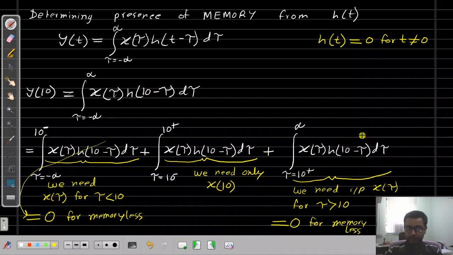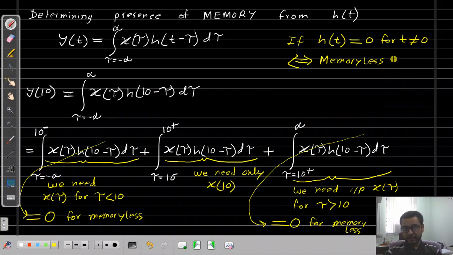Therefore this integration will also result in 0 if h of t is 0 for non-zero time value. So this is the condition for memorylessness.